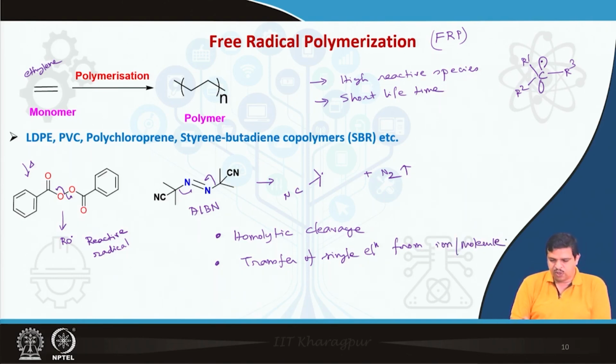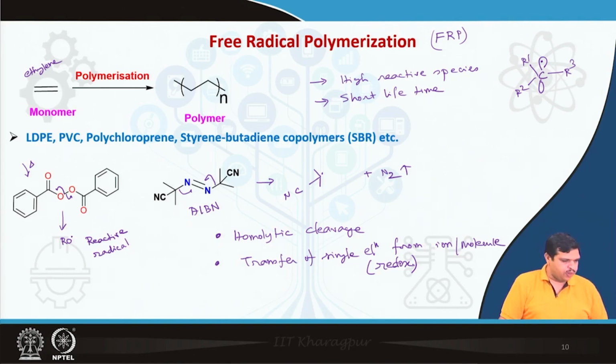So, two ways: homolytic cleavage or electron transfer. Eventually, this is basically a redox reaction. If one species gives an electron, it can make the radical cation or anion. So, these are the two ways we can generate the reactive species.